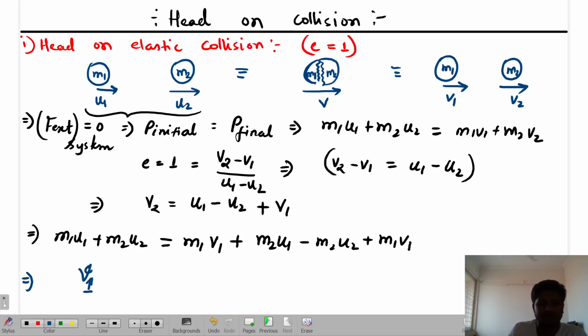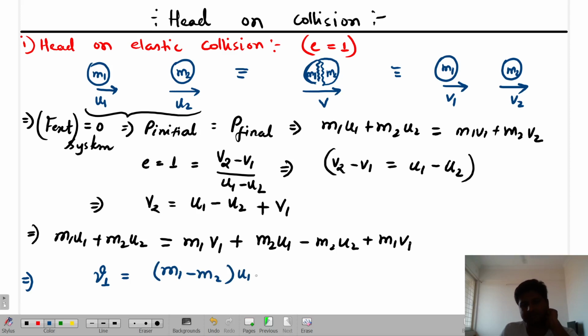I can directly write v1 in terms of the known quantities. So it is m1 minus m2 into u1, plus twice m2 into u2, divided by m1 plus m2.